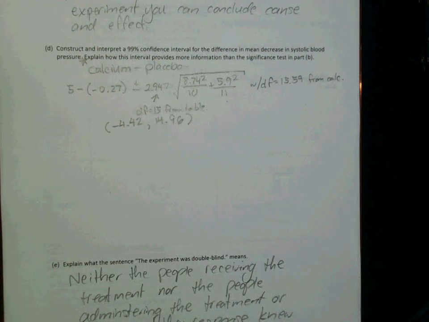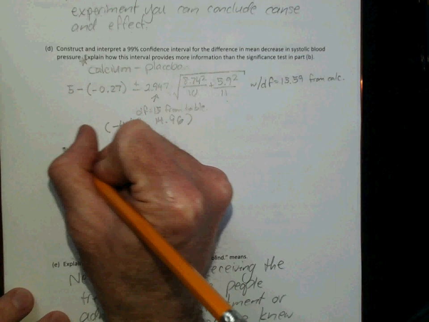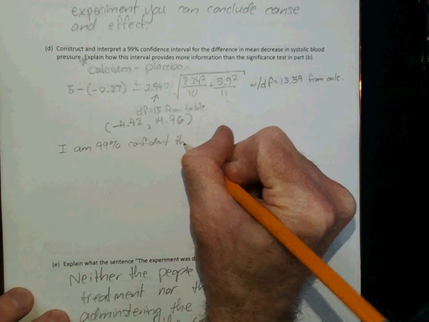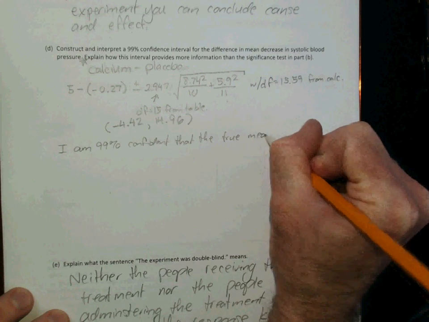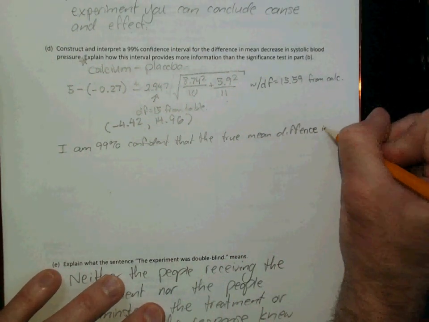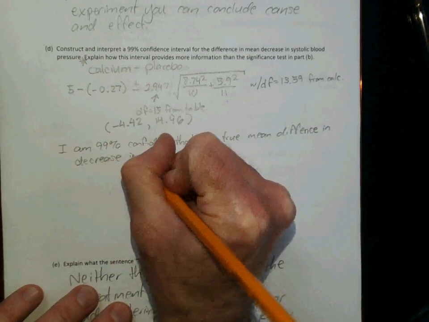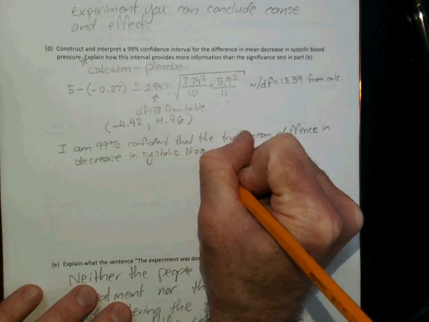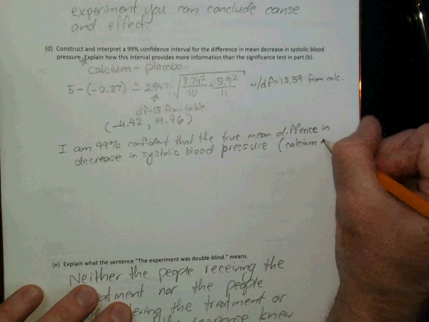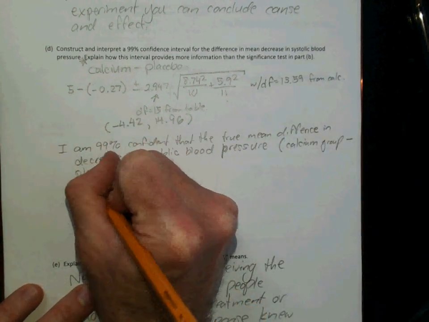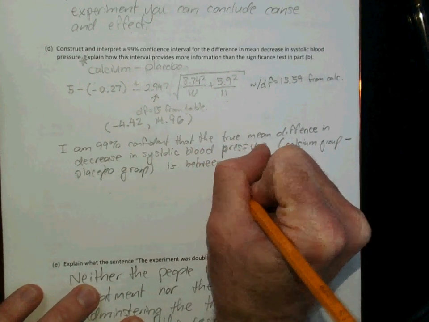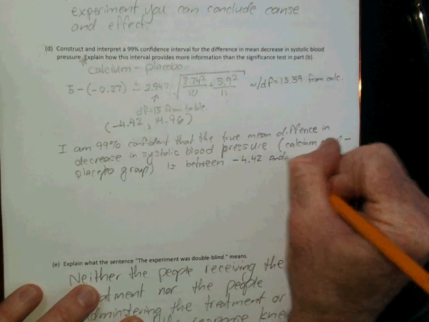Even if it didn't say the interpret, I would have actually stated it here. So I am 99% confident that the true mean difference in decrease in systolic blood pressure, please specify order, calcium group minus placebo group, is between negative 4.42 and 14.96.